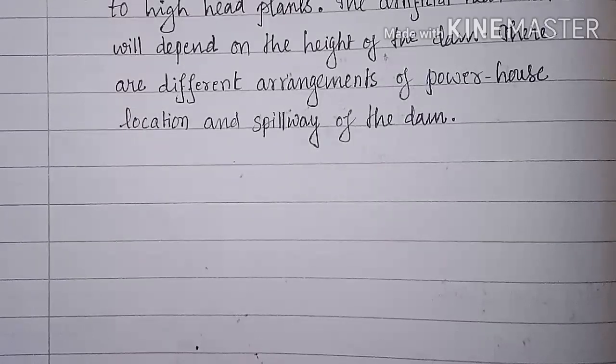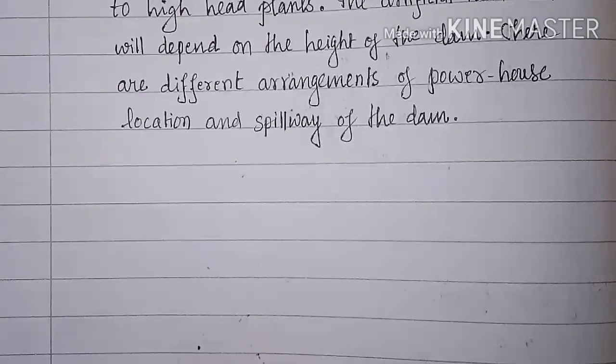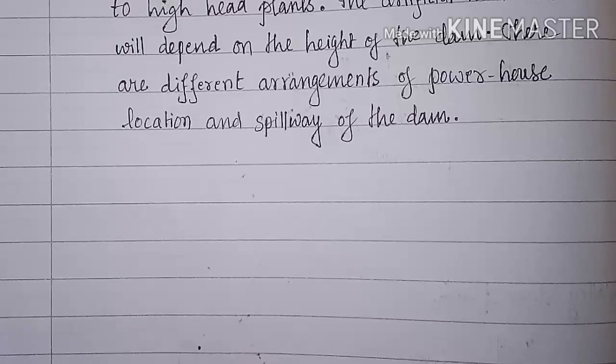Spillway means it is like a safety valve, like in your pressure cooker, there is a safety valve. When the pressure increases, that safety valve opens up due to the pressure and the gas leaks out, so the cooker will not blast. In the same way, the dams are provided with gates.